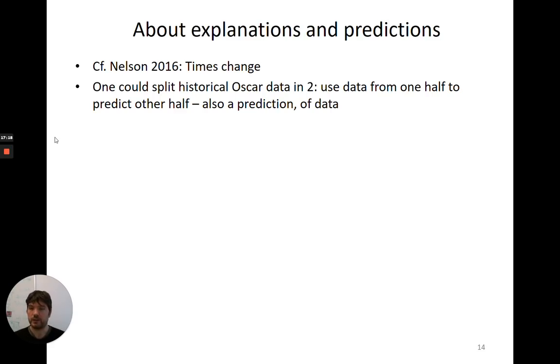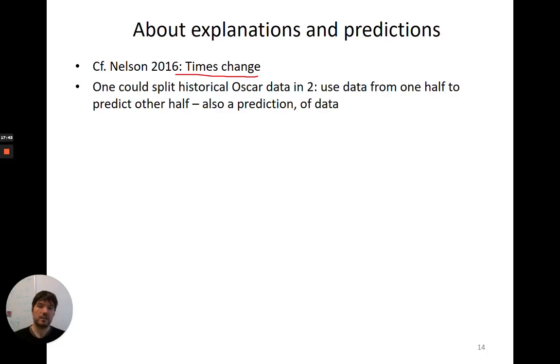A couple of thoughts here. First of all, as Nelson highlights, time changes. So you could imagine that whatever explanation fitted the Oscars in the 1990s might not be a useful explanation of what's going on in this decade, because times have changed, the environment and who are becoming great actors and what movies are being made can have changed.